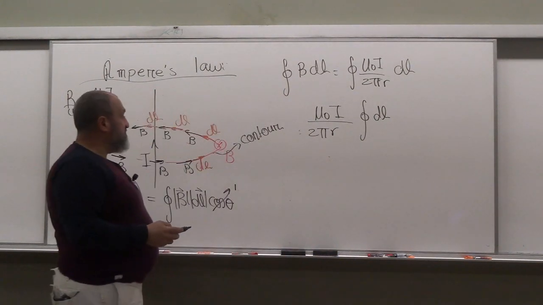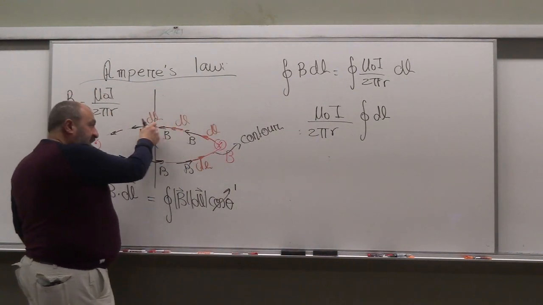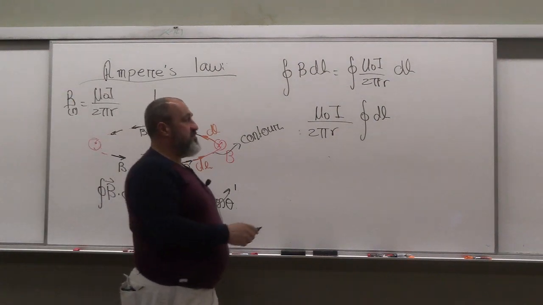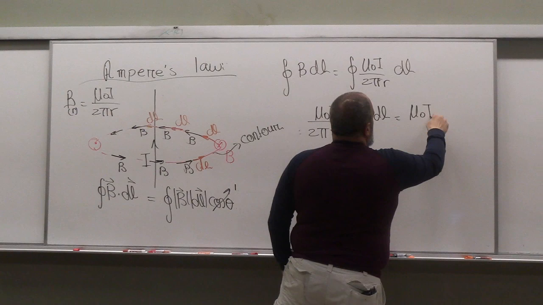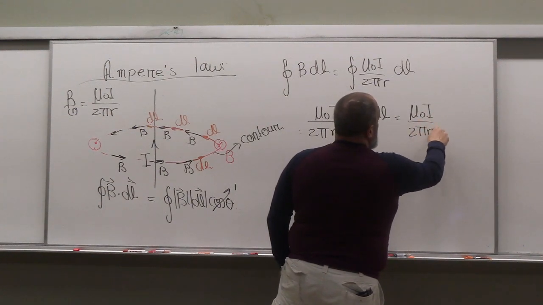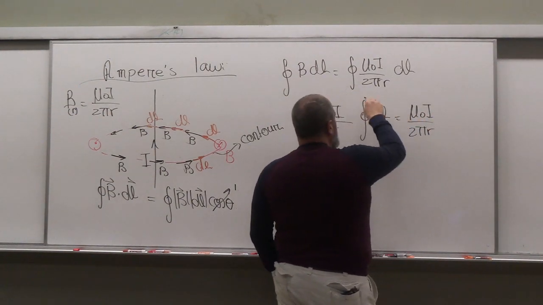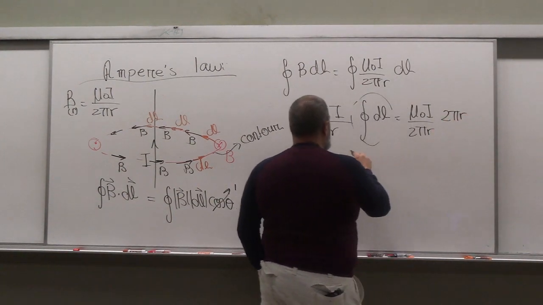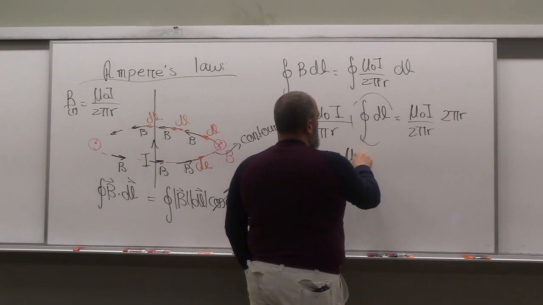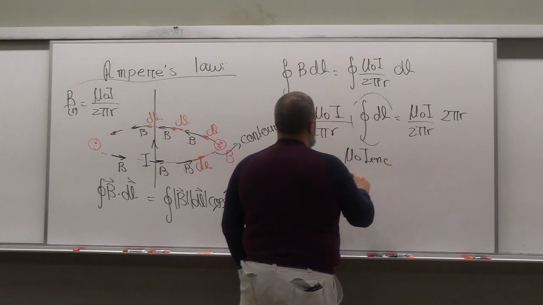What is the integral of dl around the closed contour? It's the sum of the l's around the contour, and that's just simply equal to 2 pi r. So that's going to give me mu naught I over 2 pi r multiplied by the integral of dl around the closed contour, which is also 2 pi r, and that's going to give me mu naught I enclosed.